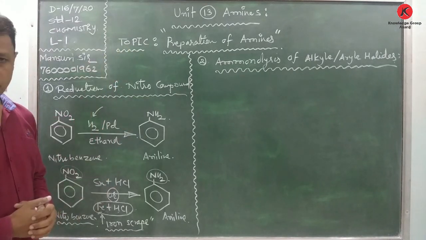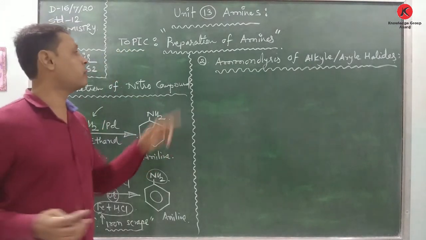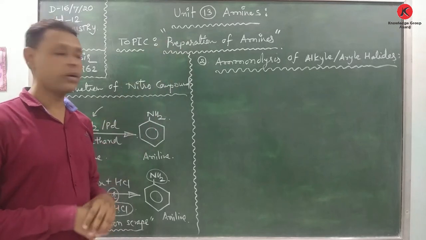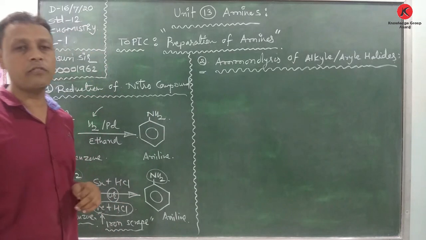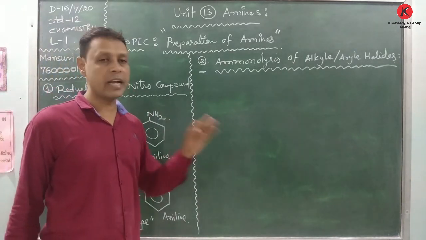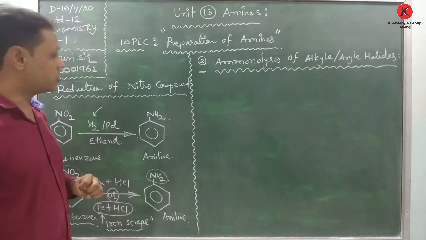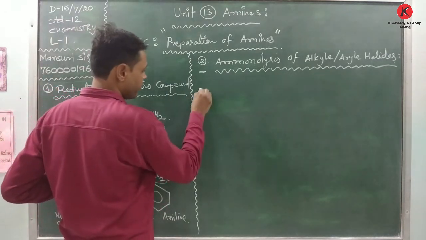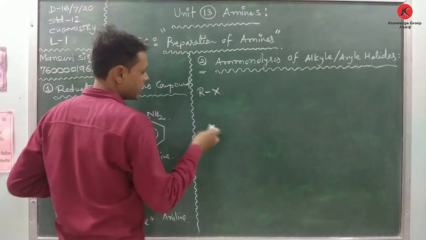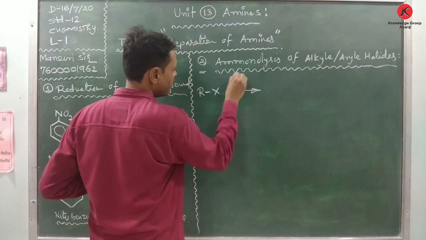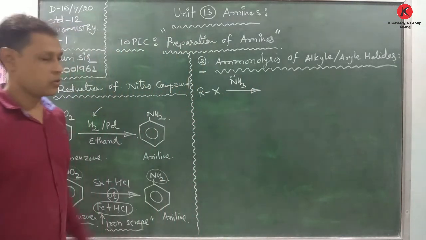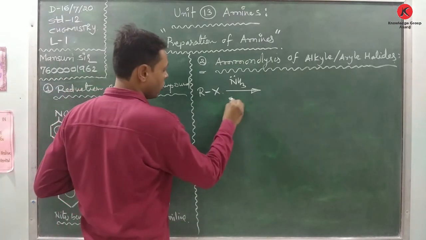Second one, by ammonolysis of alkyl or aryl halides. What we have to do? We have to make amine compounds, preparation of amine compounds, and the second reaction is by ammonolysis of alkyl or aryl halides. Now we will discuss this. First of all, we have RX and we use ammonia in presence of alcohol, ethanol.